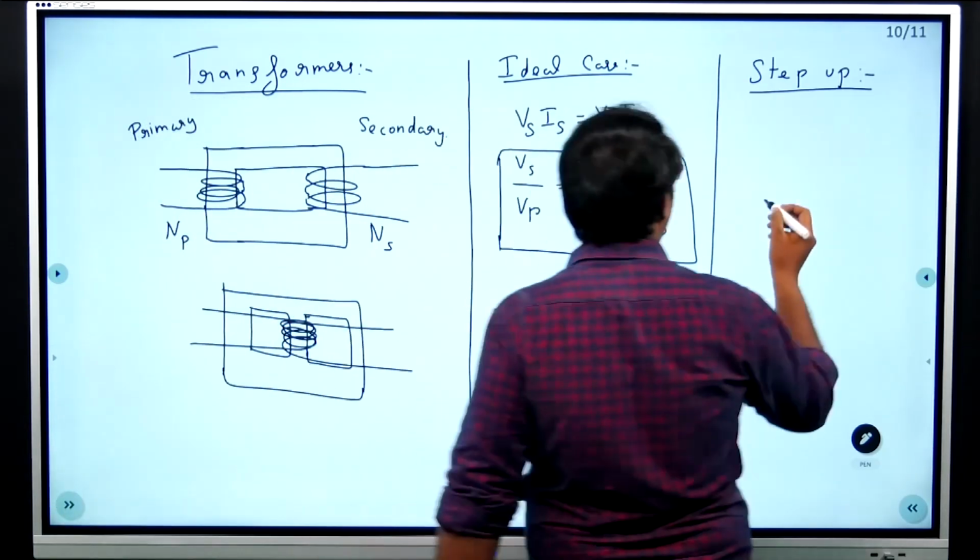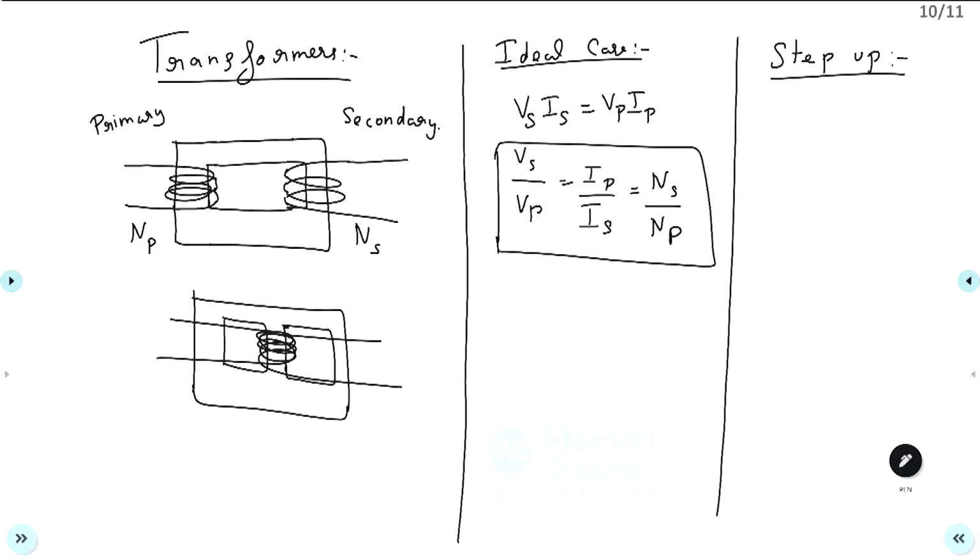How do you step up the power? In the case of a step up transformer, the number of turns in your secondary coil will be greater than the number of turns in the primary coil, so that the power you give through the primary coil gets increased in your secondary coil and gets transmitted to long distances.